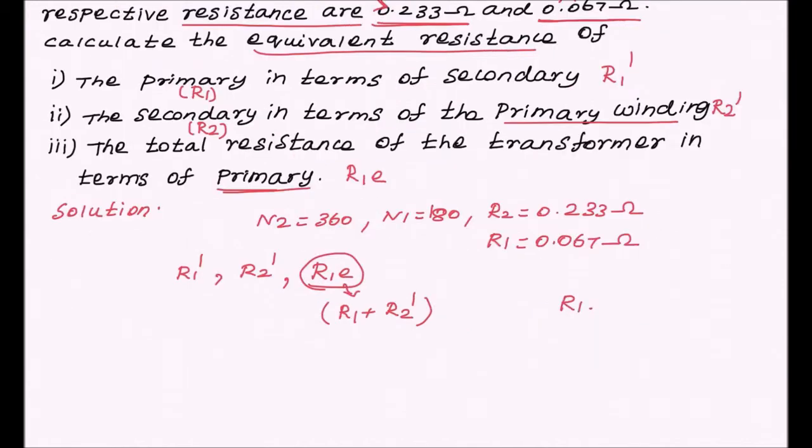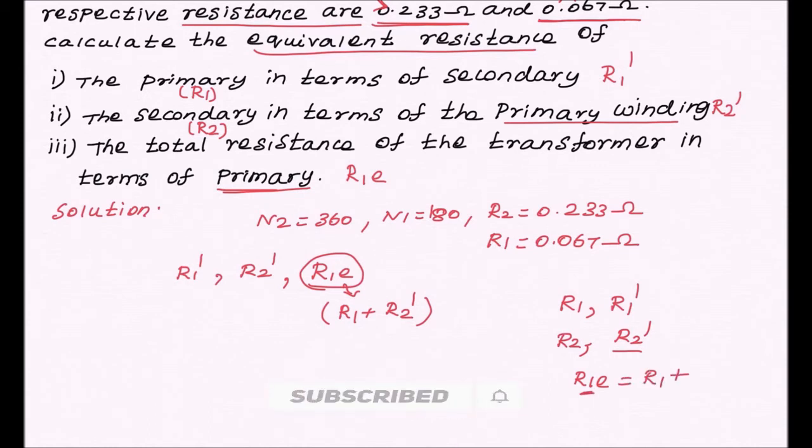R1 is the primary winding resistance. R1 dash is the primary winding resistance referred at the secondary side. R2 is the secondary winding resistance and R2 dash is the secondary winding resistance referred at the primary. Next, R1E is the total equivalent resistance referred at the primary. So R1E is equal to R1 plus R2 dash.